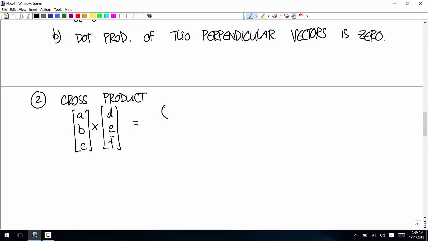The x component of the output vector is BF minus CE. The y component is the negative quantity AF minus CD. And the z component is AE minus BD.